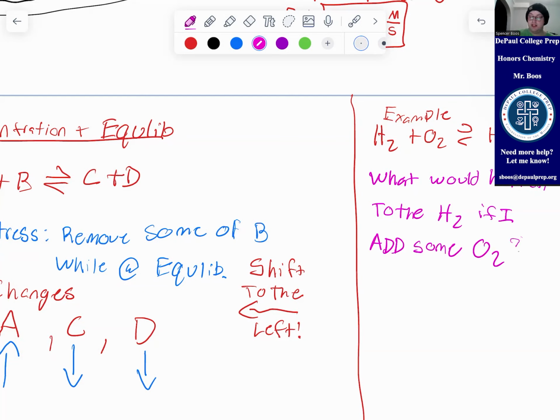That'd be a good example of a multiple choice question. Your choices could be it goes up, or down, or nothing. Of course, when you add a reactant in this case, the other reactant goes down. So the correct answer for this one would be going down.